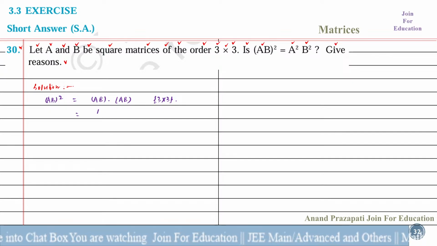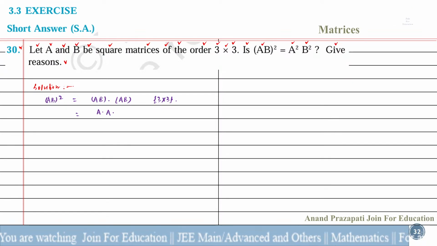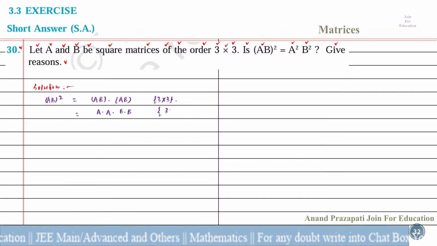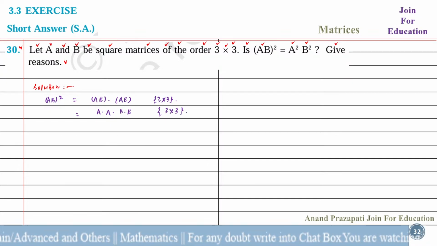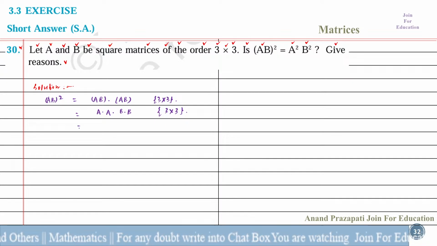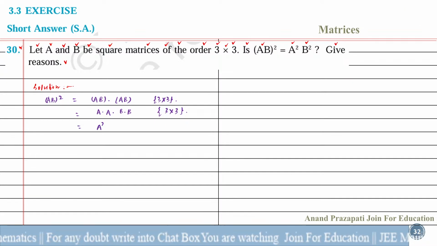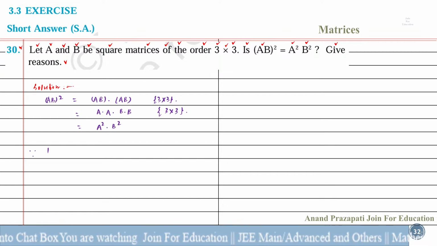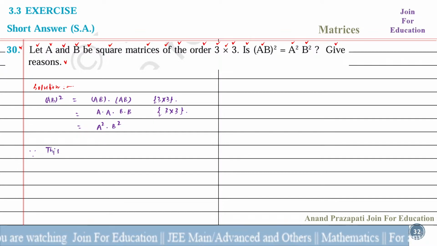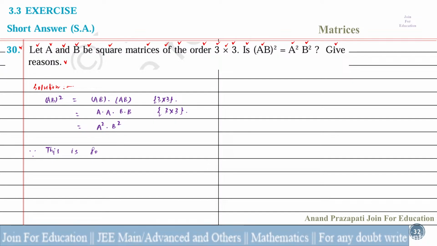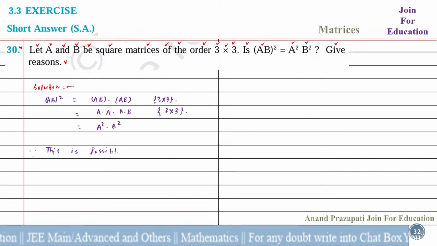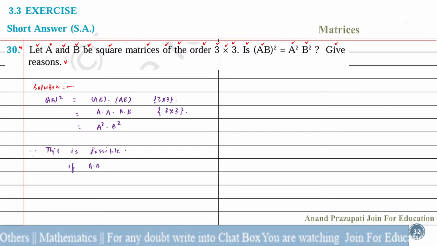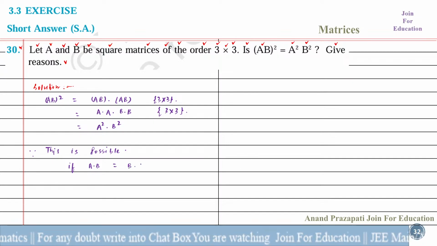So here will be A into A into B into B. Order of each matrix is 3 by 3, and therefore here will be A square into B square, and this is possible if A into B equal to B into A.